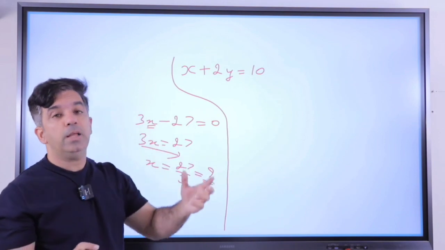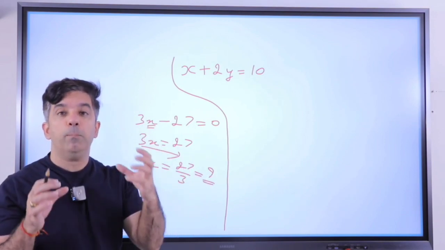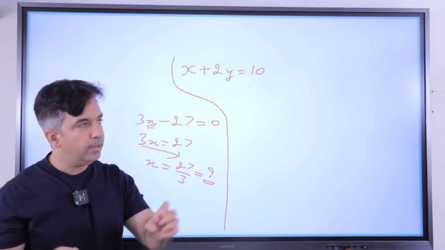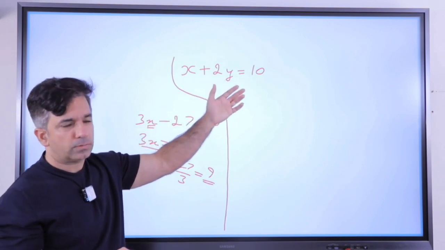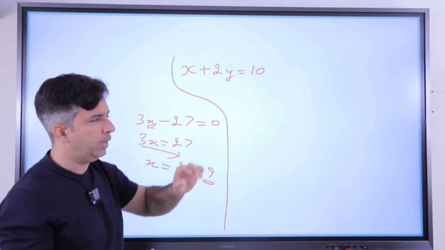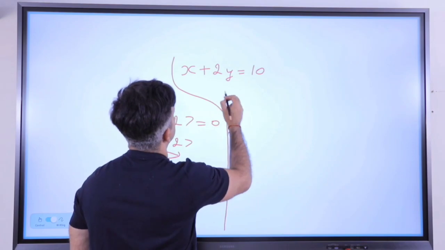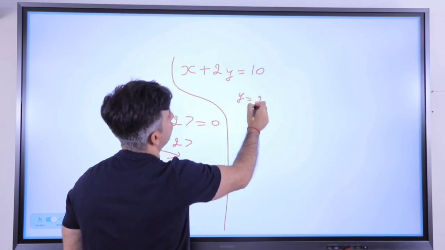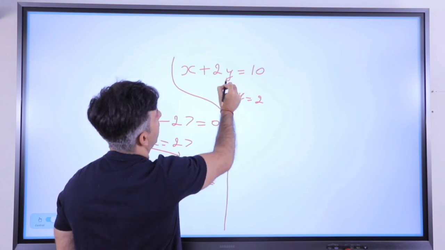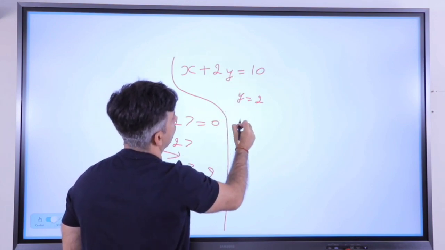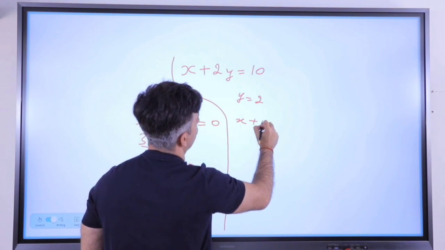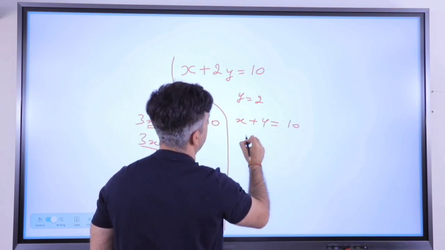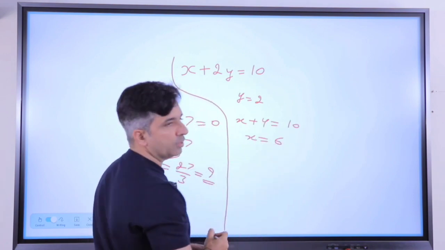There could be infinitely many pairs of values of x and y which satisfy this equation. For example, if y is 2, then filling in the value of y, this becomes x plus 4 is equal to 10, and x comes out to be 6.